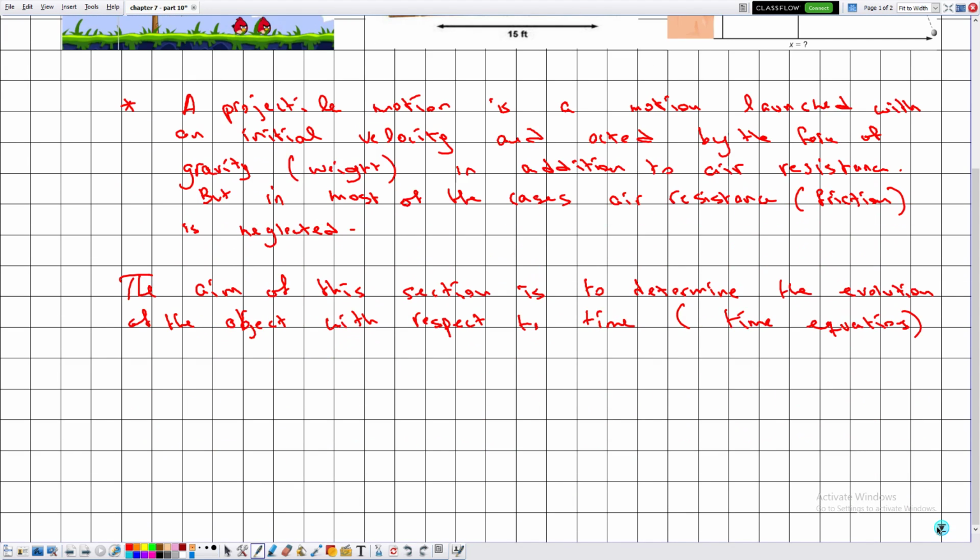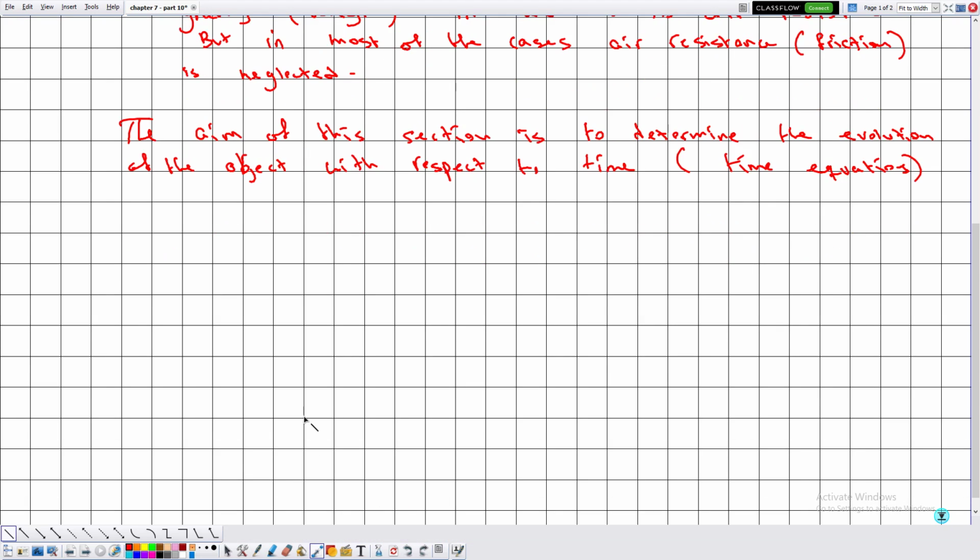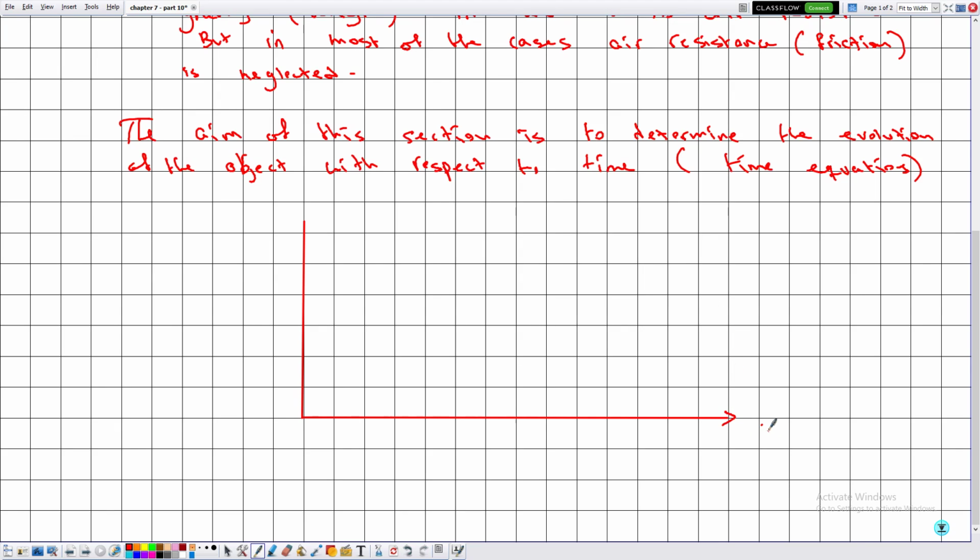In order to do so, let's consider a reference system given by xy. Suppose that this is the x-axis and this is the y-axis, and let's consider that this is the origin O. Any vector lying along the x-axis can be described by the unit vector i, and any vector lying along the y-axis can be described by the unit vector j.